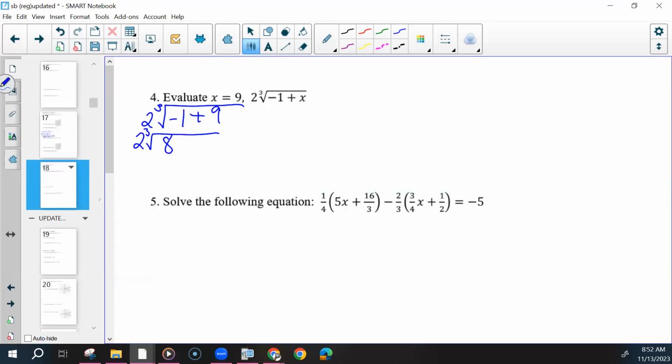Take the cube root of 8, or what times what times what will be 8, which is 2. So it'll be 2 times 2, and that final answer would be 4. So if you got 4, good job. If you do not, go ahead and fix that. If you have any questions about that.